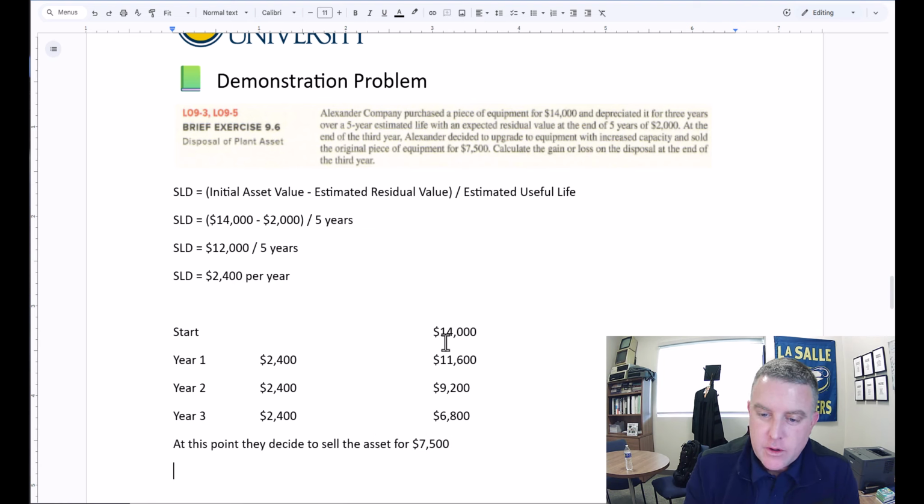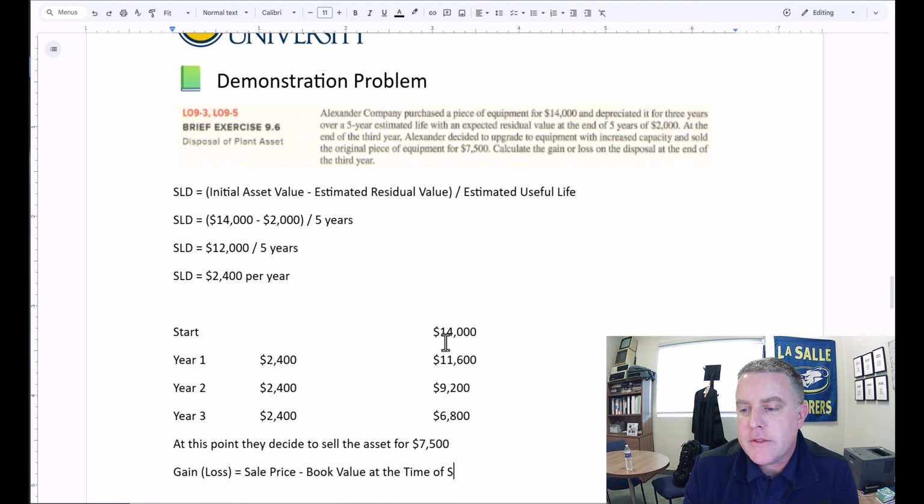All right, so the gain, or I'm going to put in parentheses the loss. If we get a negative number, that's going to indicate that we have a loss. The gain or loss here is equal to the sale price minus the book value at the time of sale.